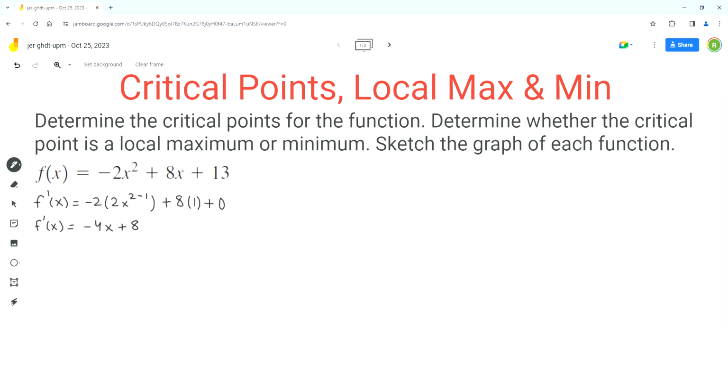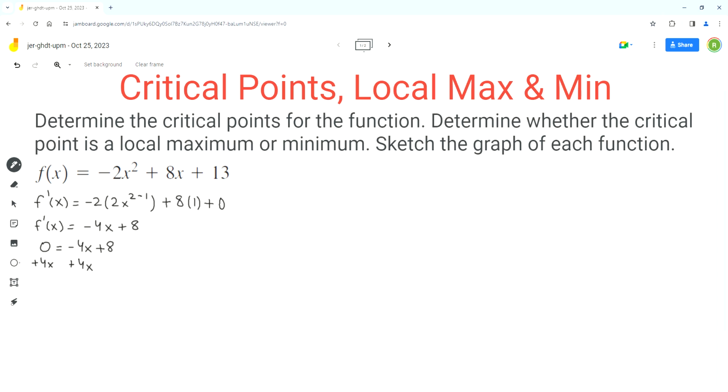Now there is no x value that will make f prime of x undefined. So we just have to find the x values that will make f prime of x equal to 0. So we'll sub in 0 on the left side. So we get 0 equals negative 4x plus 8. Now we can isolate x in this equation. So we should add 4x to both sides.